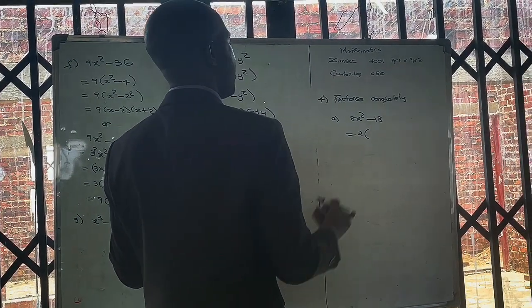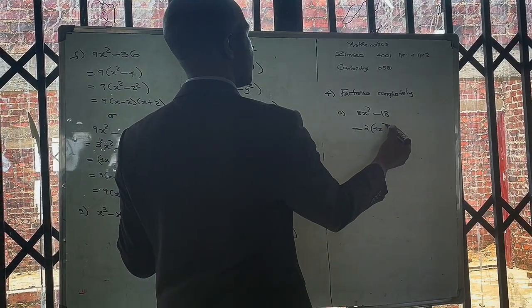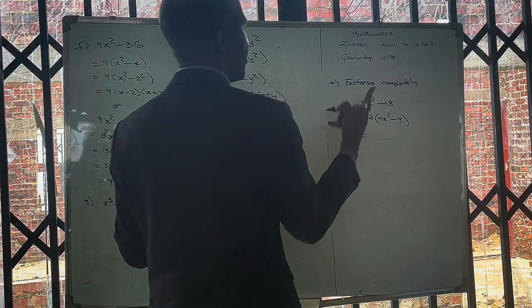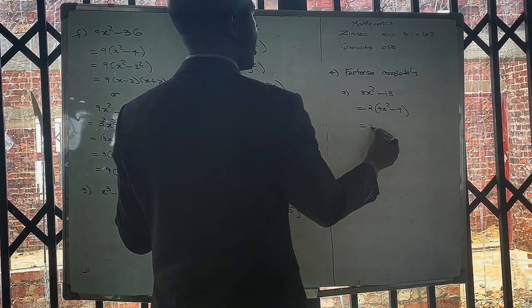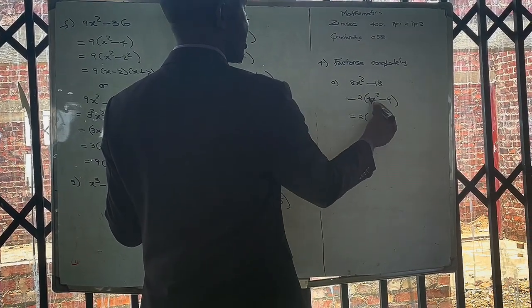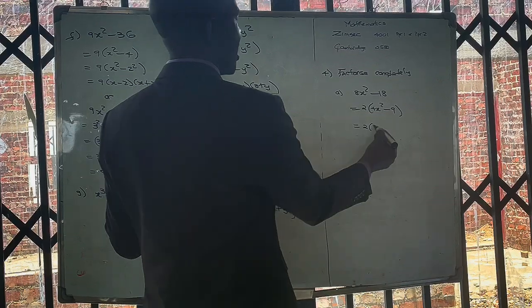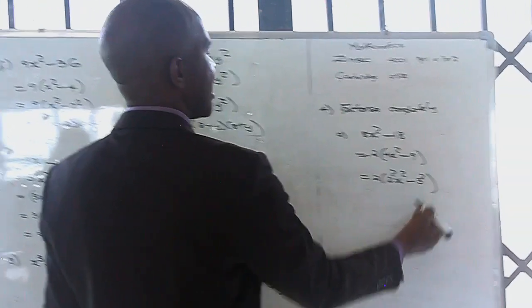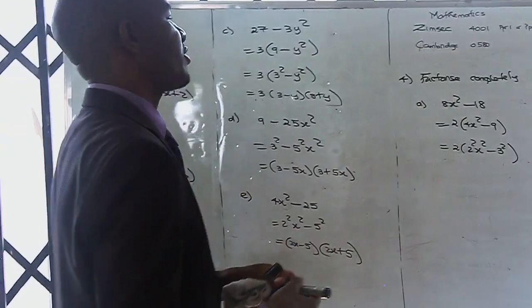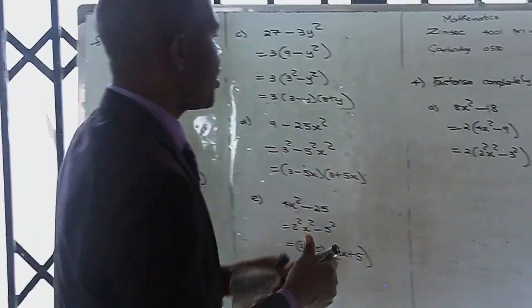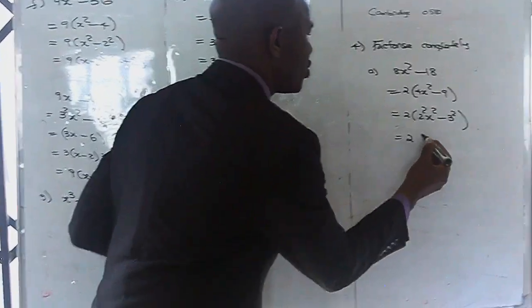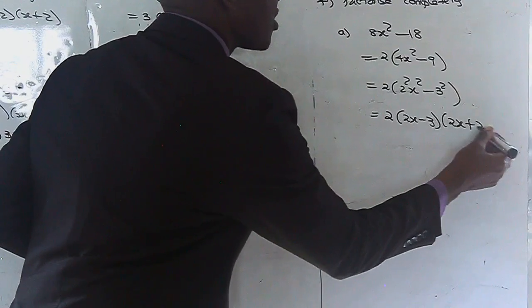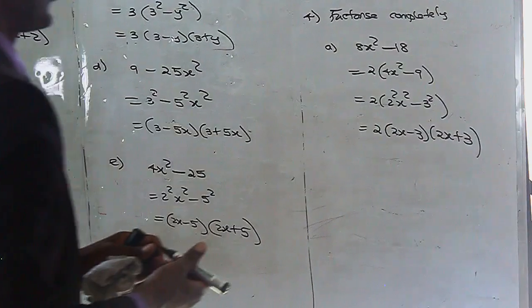I factor out 2. Then I have 4x squared minus 18 divided by 2, that's 9. So I have 4x squared minus 9. Then we have 2. We can factorize it further. 4, that's 2 squared x squared, minus 9, that's 3 squared. We factorize this, we get 2, 2x minus 3 bracket 2x plus 3.